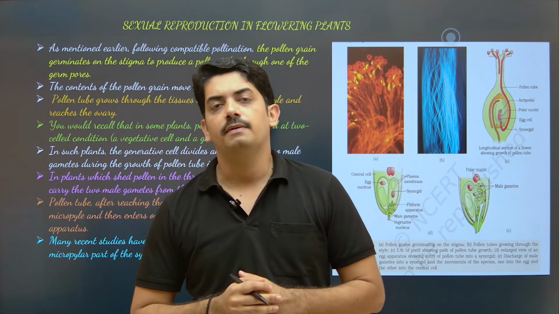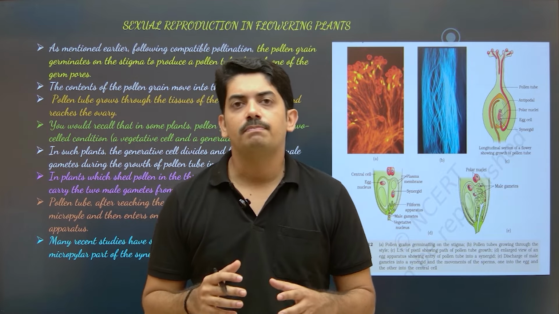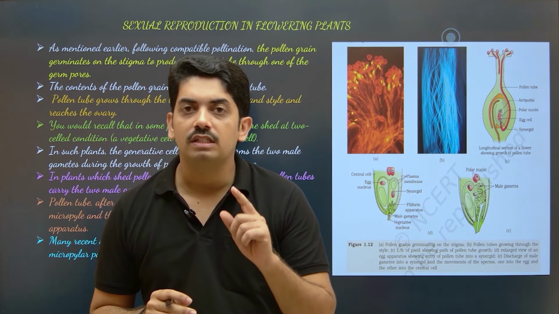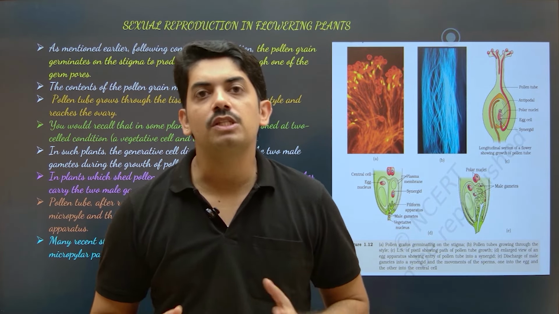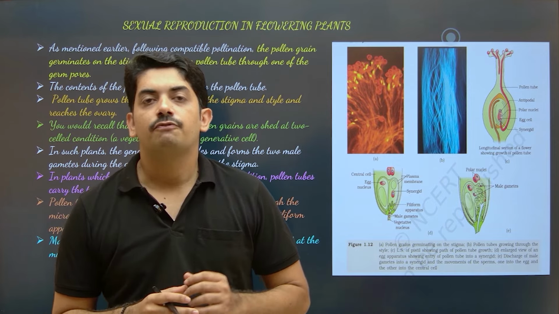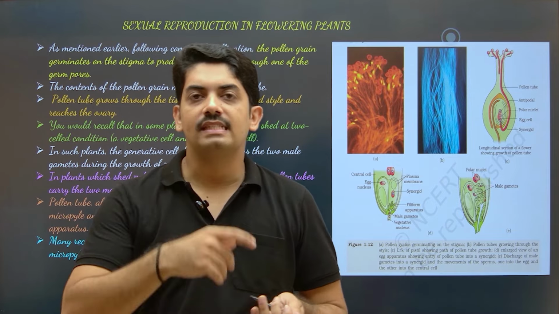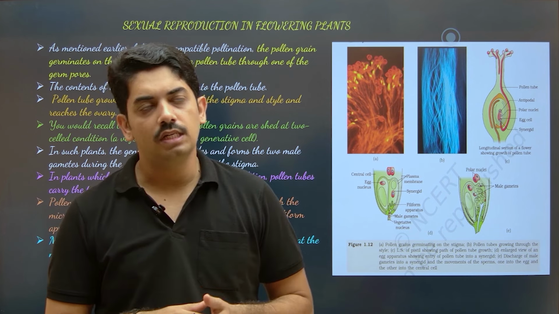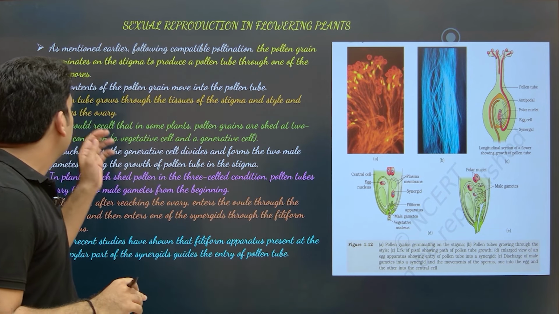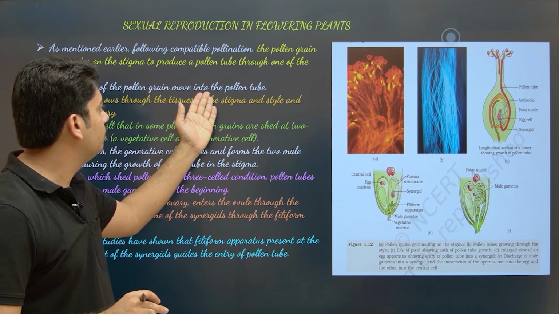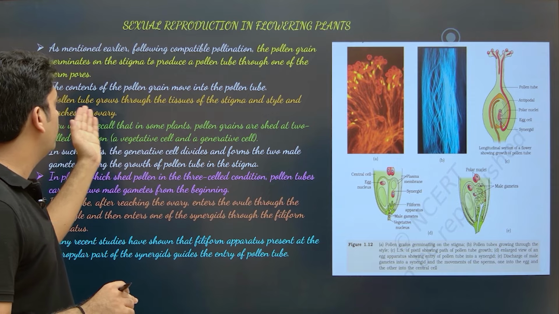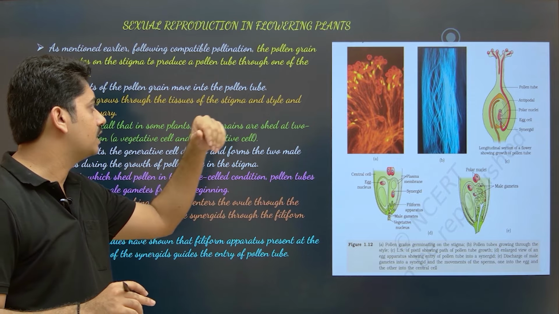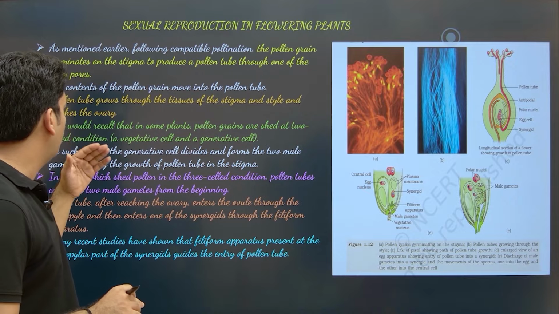Please remember this sentence: one pollen grain does not have one germ pore. They have multiple germ pores. But from the one germ pore directly facing the stigmatic surface, it starts to produce the pollen tube. The contents of the pollen grain move into the pollen tube, and the pollen tube grows through the tissues of the stigma and style and reaches the ovary.